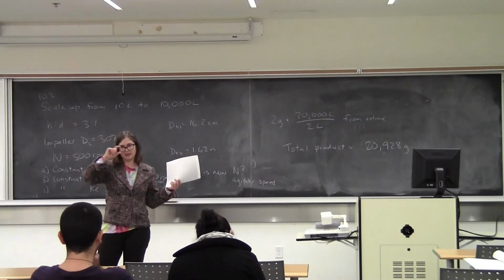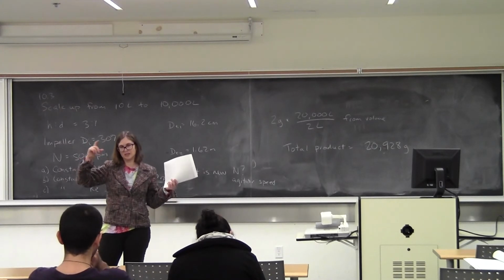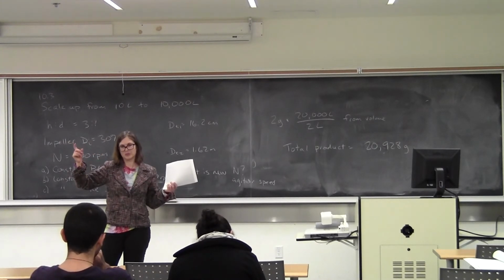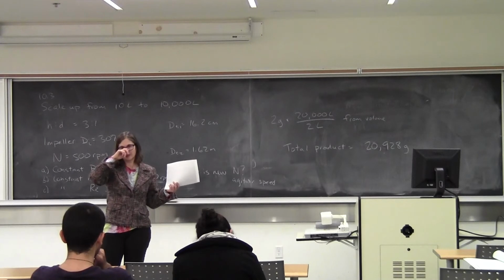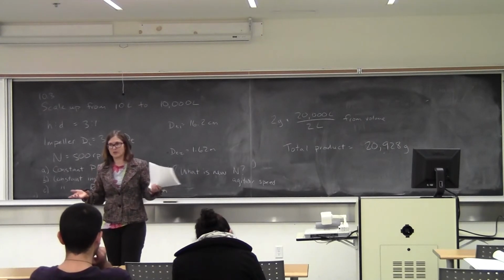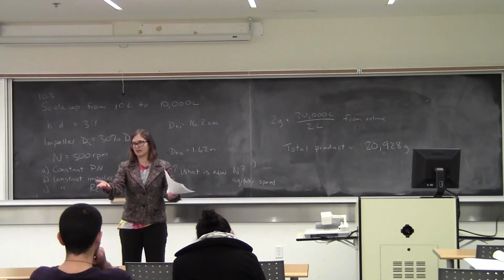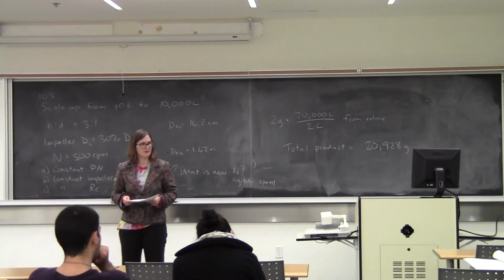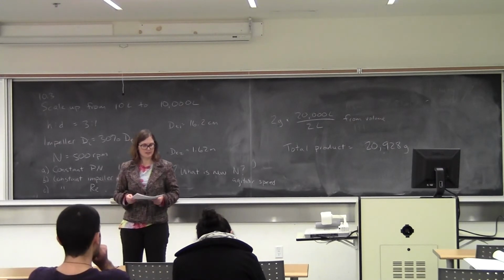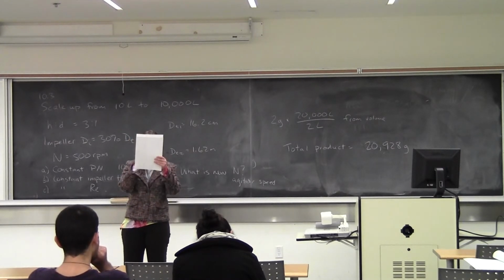So if you can calculate how much oxygen is consumed, it can give you information about your cell concentration. Some people do that as an indirect method of online cell concentration measurement. Anything else you can think of? I think that's a lot of them.